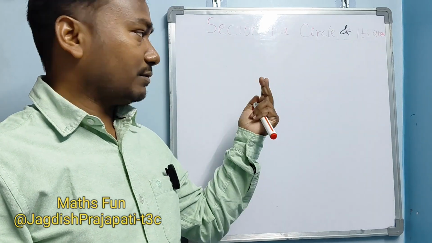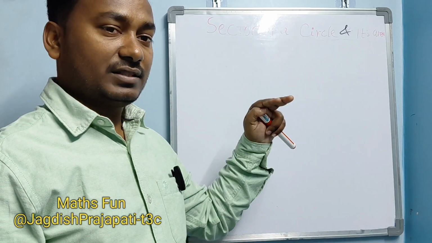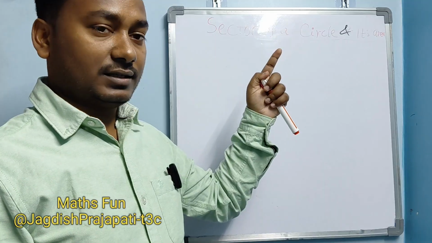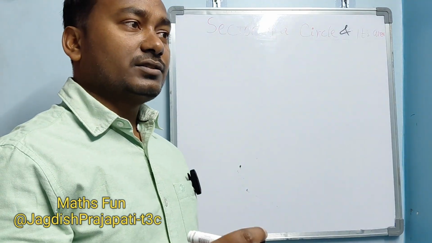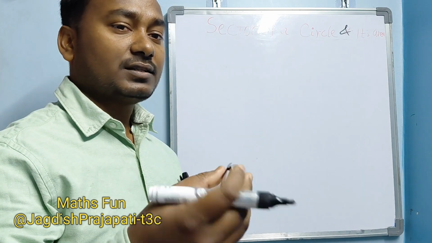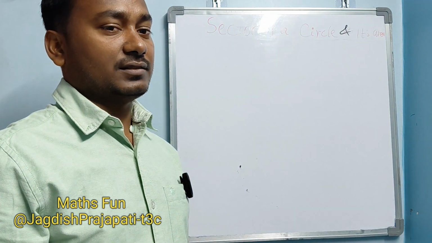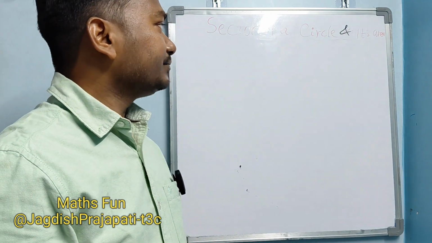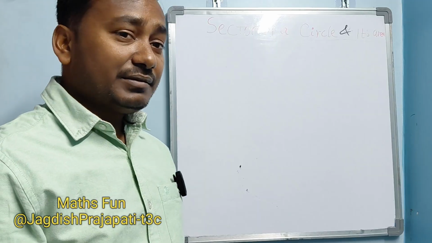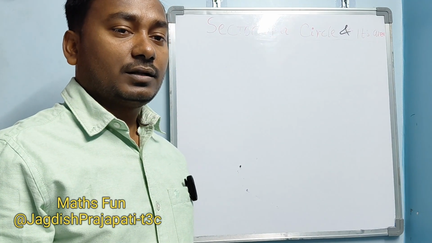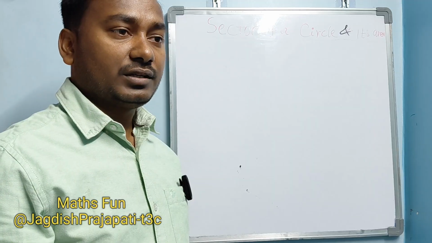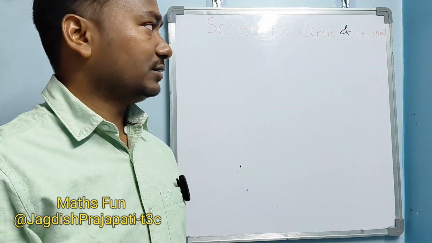A sector is only some fraction of the circle, so we can't say it is the circumference of the sector. That term is specified for the complete circle. Then we will learn the formula for calculating its area.